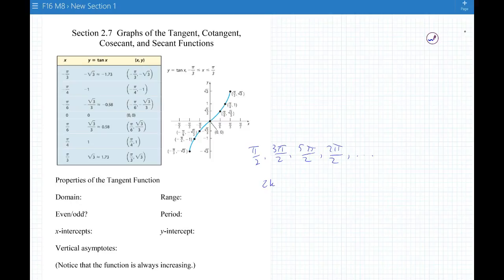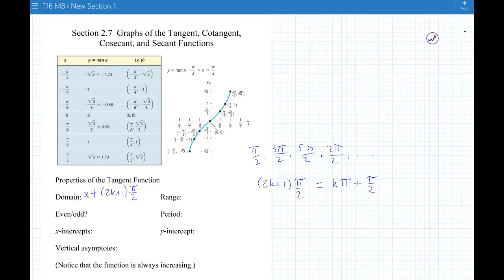So that looks like 2k plus 1 times pi over 2. That's odd multiples of pi over 2. So x can't be 2k plus 1 pi over 2. And remember this is equivalent to, go ahead and distribute, pi over 2, which is the first time it happens, and then add pi and add pi and add pi. So either way you think about it is fine.